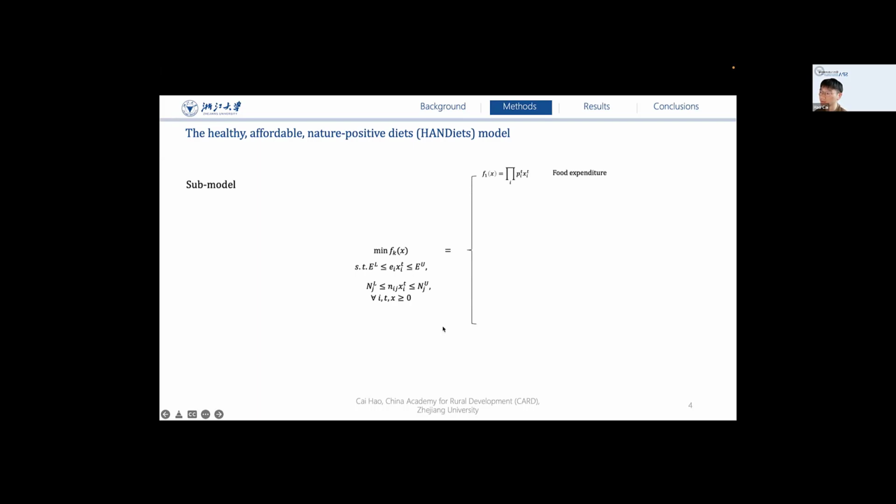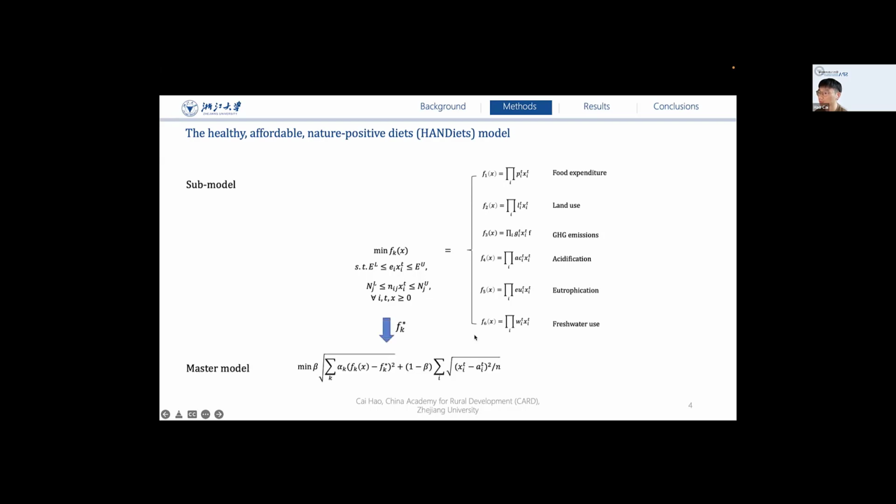The environmental impacts we considered are land use, GHG emissions, acidification, eutrophication, and freshwater use. After solving the submodel, we pass the optimal objective values FK star of each submodel to the master model.